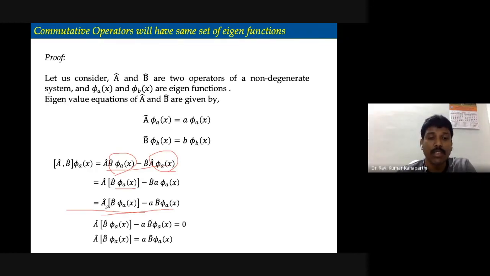Since they are commuting, this commutator has to be 0, isn't it? So this object, the commutator, is evaluated as this, and it must be 0 according to the statement. Therefore, I have equated this factor to 0. Then essentially what we got is operator A multiplied by B phi A of x is equal to a B phi A of x.